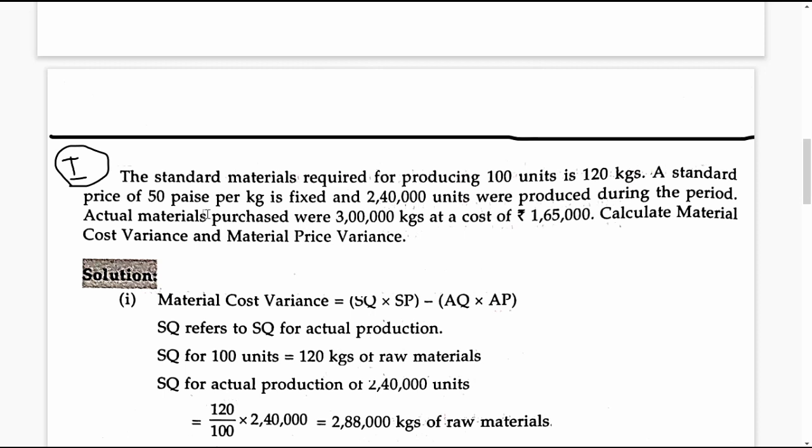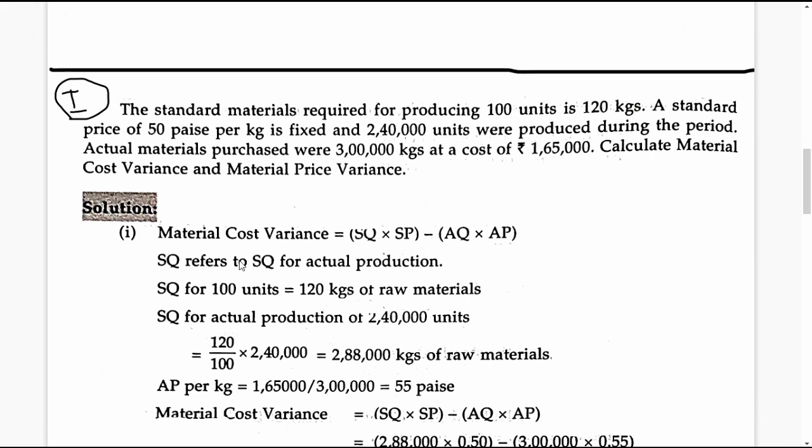The actual materials purchased and consumed in the production process is 3 lakh kgs, purchased at a total cost of 1,65,000 rupees. So the actual production of the finished product is 2,40,000 units. We are asked to calculate material cost variance and material price variance.